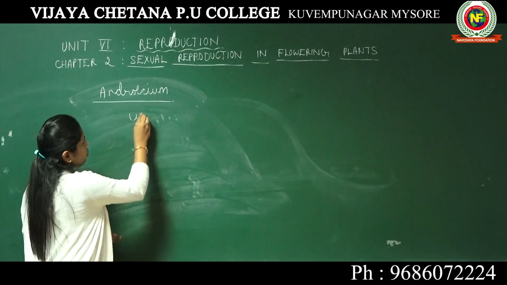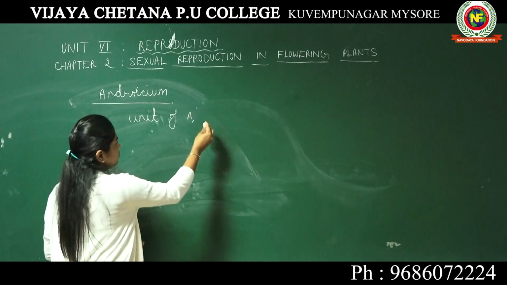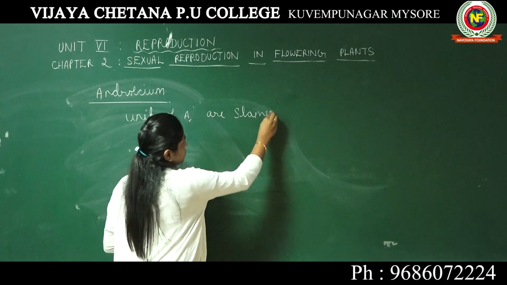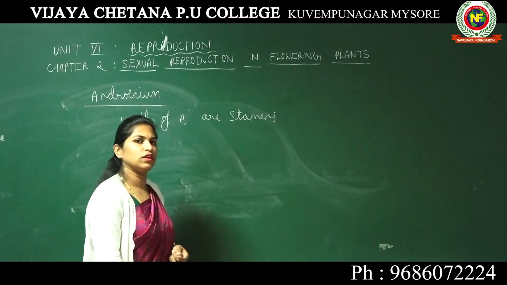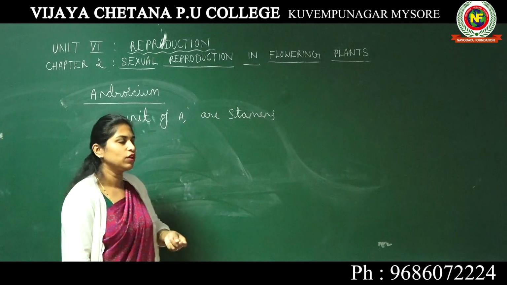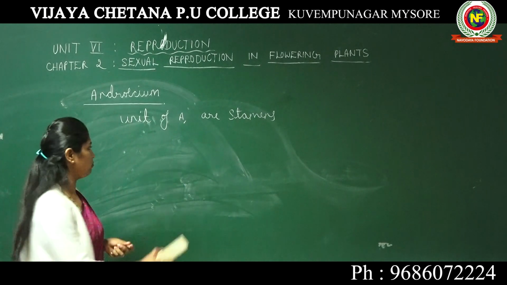Androecium is the male reproductive structure of a flower. The unit of androecium are known as stamens. We all know the general structure of a stamen.